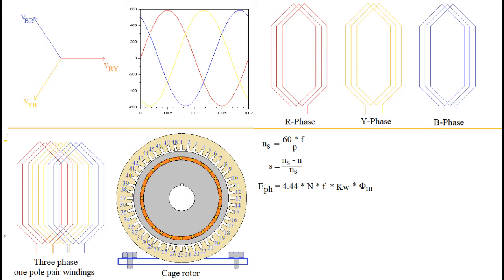When the rotor is not rotating, the speed of the magnetic field due to stator currents is synchronous speed. But when the rotor starts rotating, the relative speed with respect to rotor bars is less than synchronous speed. So the RMS value of induced EMF drops and the frequency of rotor EMFs and currents also drops.